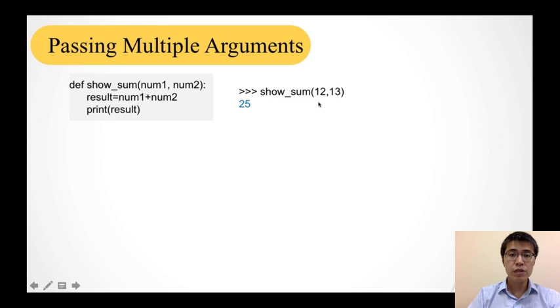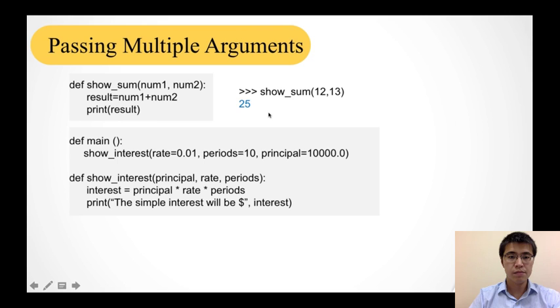And then when we use this show sum function, we also need to provide two arguments, one argument for number 1, one argument for number 2. When we have these two arguments, we can add them up and show the result.